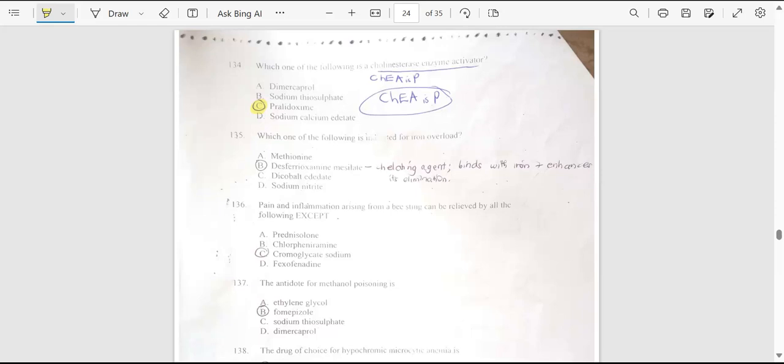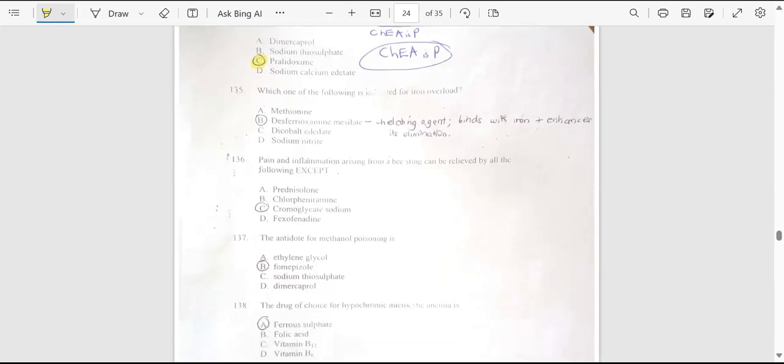Which one of the following is indicated for iron overload? Just give me a minute, guys. You're saying choice B. Right, I agree.